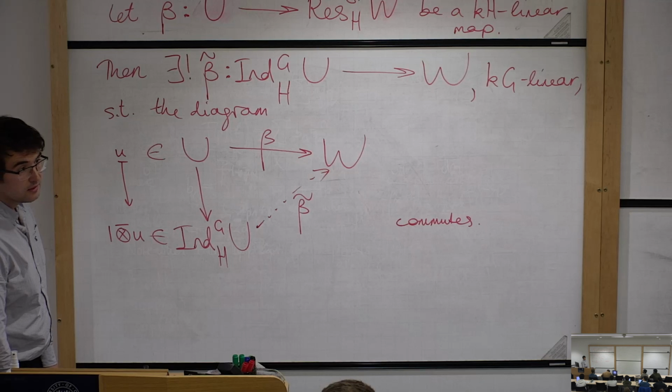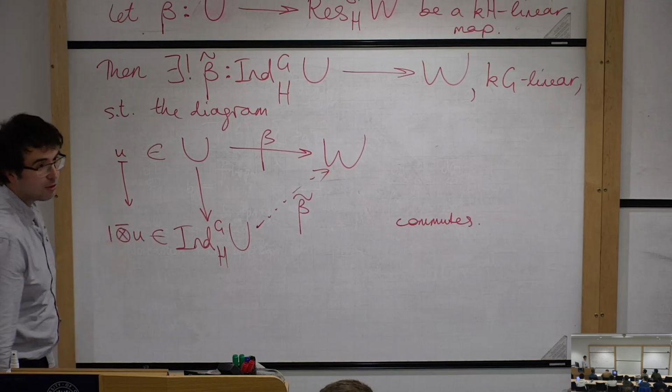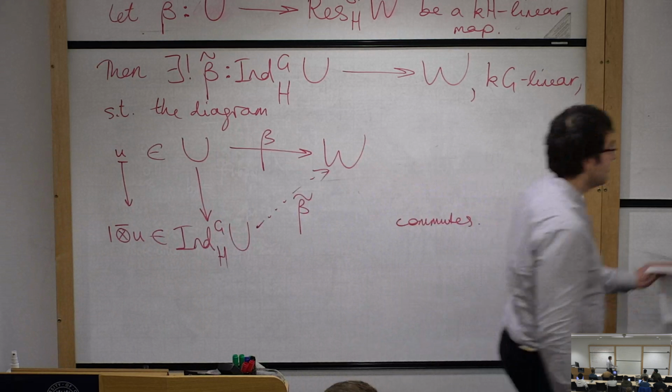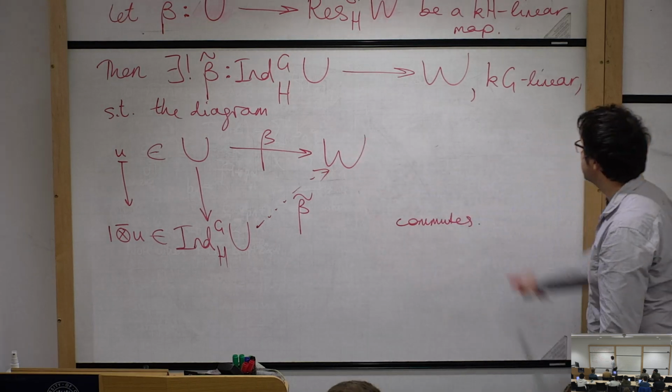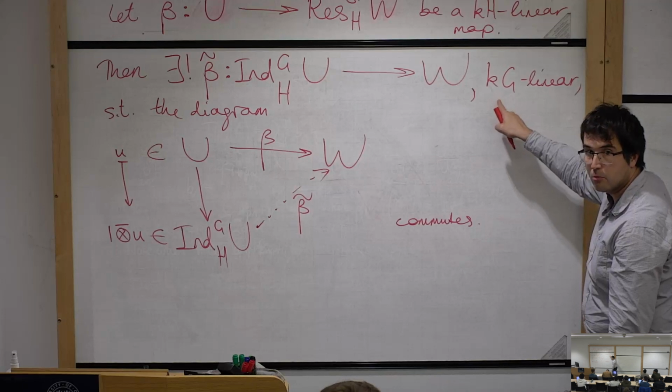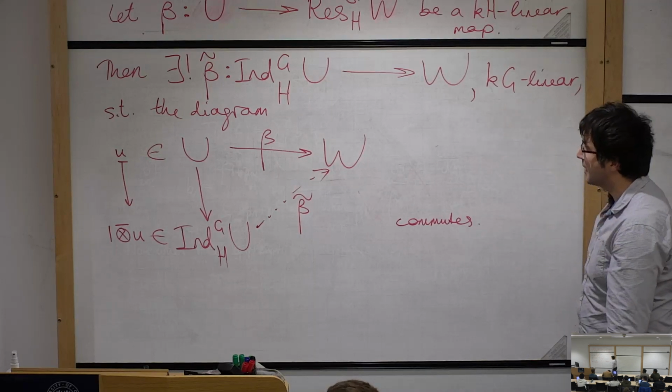Shall we prove it? It's not difficult. You just follow your nose. So I need to construct beta tilde. I need to check that it's linear, a G module homomorphism. And then I need to check that it's unique.